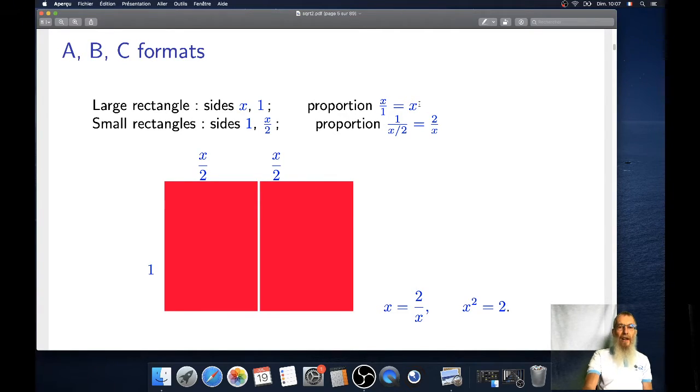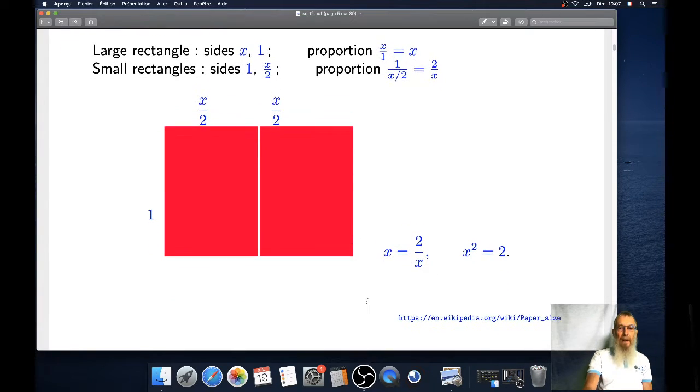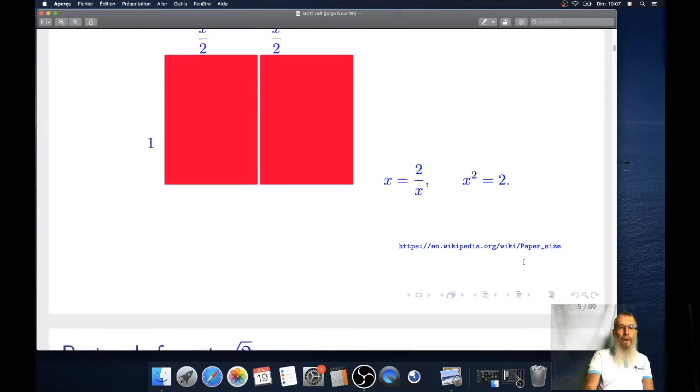The proportion of the large rectangle is x. The proportion of the small rectangle is 2 divided by x. And the fact that the two proportions are the same is exactly the same as to say that x squared is equal to 2. So x is the square root of 2.